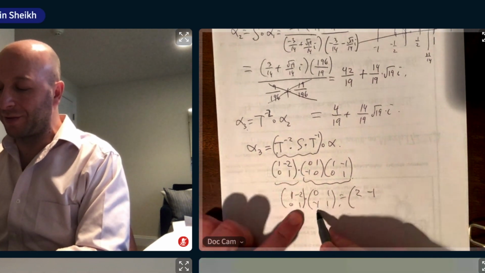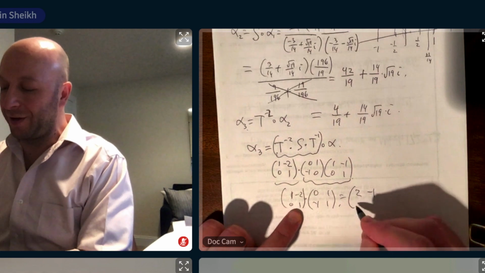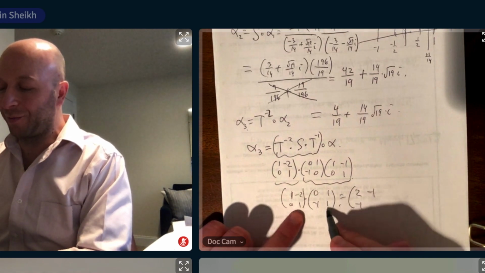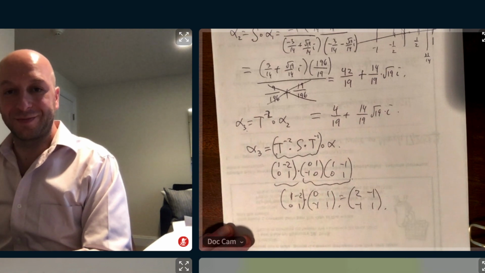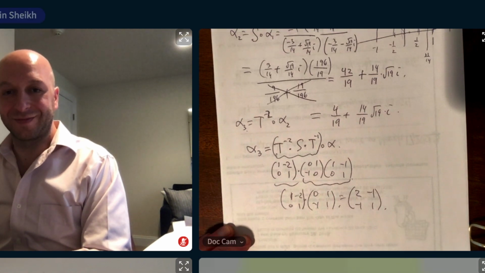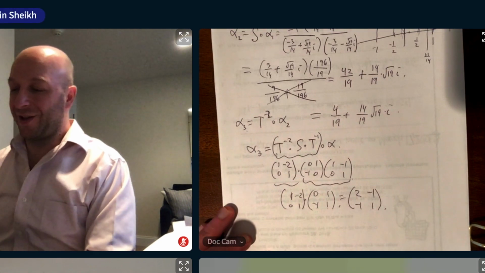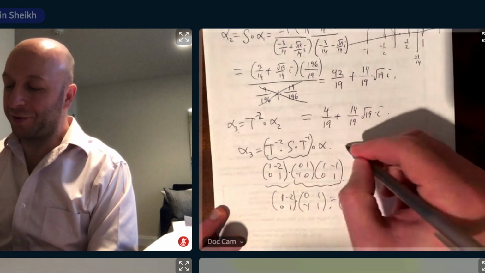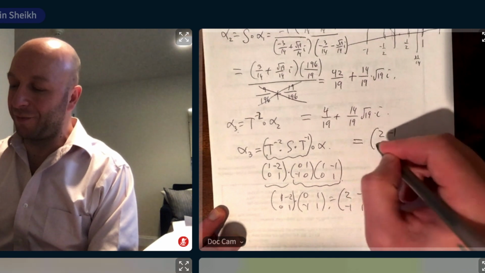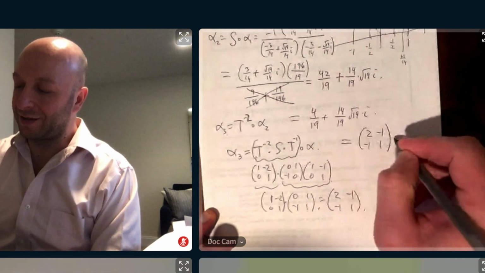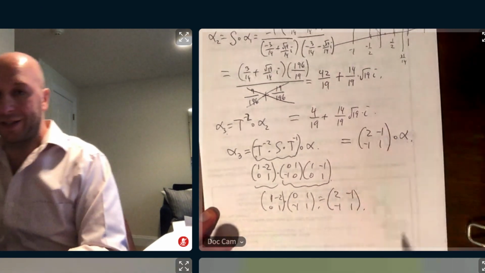Hopefully you guys are doing this with me. 0 and negative 1, and 1 and 1. Okay, did everybody get this matrix? So what we've learned is that this reduced alpha 3 is equal to the matrix 2, negative 1, negative 1, 1 acting on alpha.